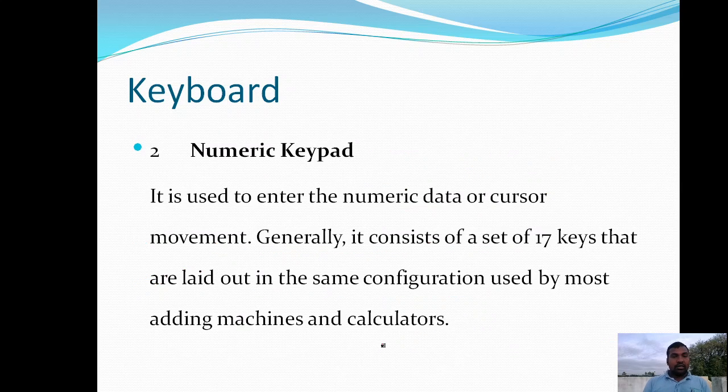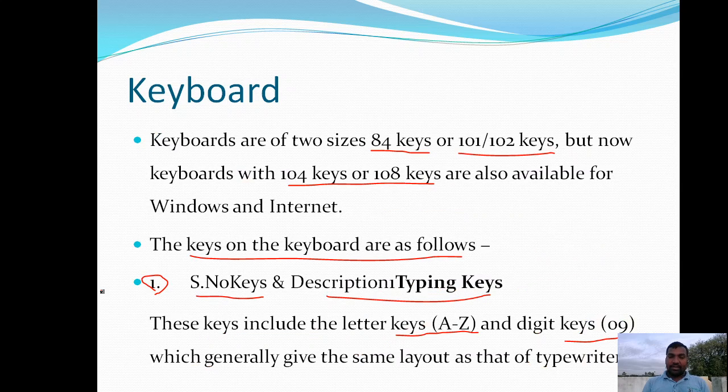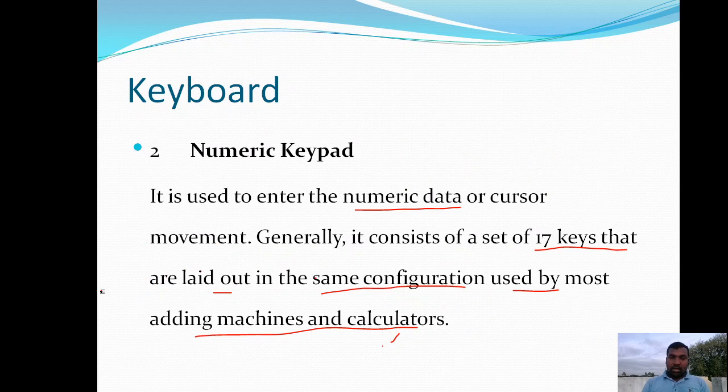And then numeric keys. They are used to enter numeric data or for cursor movement. Generally, it consists of a set of 17 keys that are laid out in the same configuration used by most adding machines and calculators. Along with the typing and number keys, this numeric keypad is also separately added to keyboards.